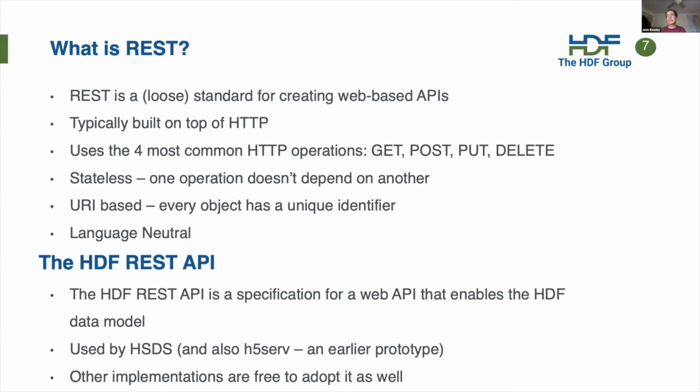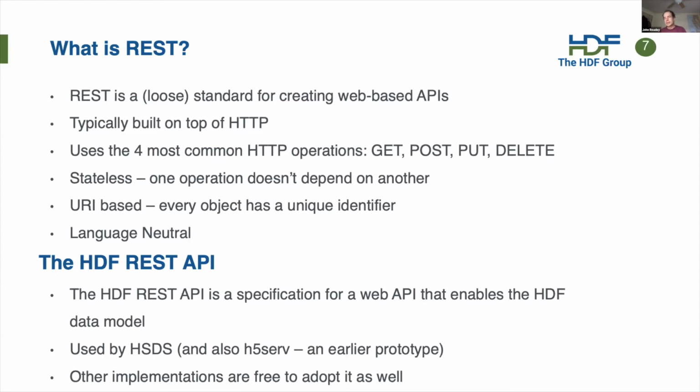It's URI based, so every object has a unique identifier. Every data set, every group, every chunk has its own GUID to refer to it. And it's language neutral. Over time, and it's been a process of 6 or 7 years now, we've defined a REST API which enables the HDF data model through REST.